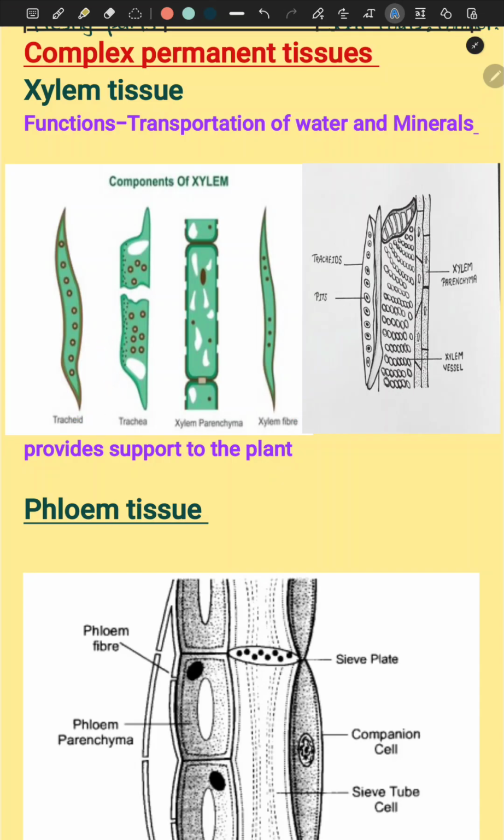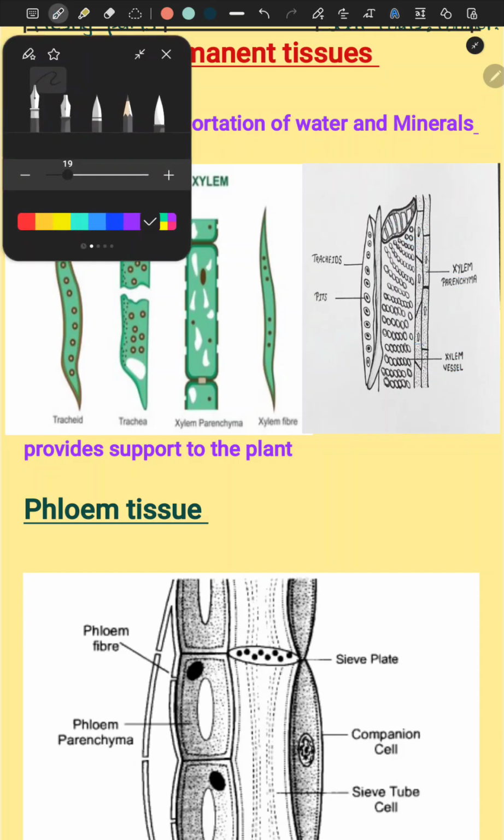One is tracheid, second one is xylem parenchyma, then next one is xylem fibers and xylem vessel element. Those are the examples of the cells present in the xylem tissue.